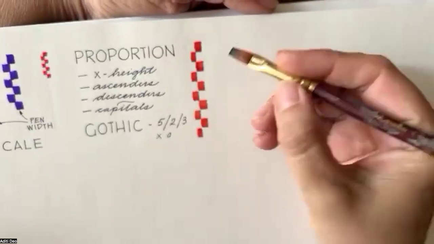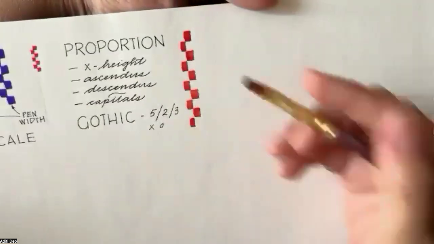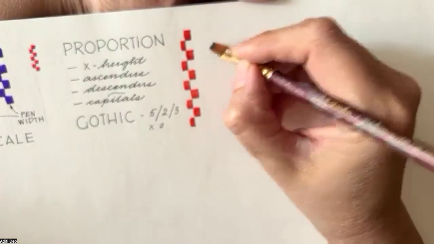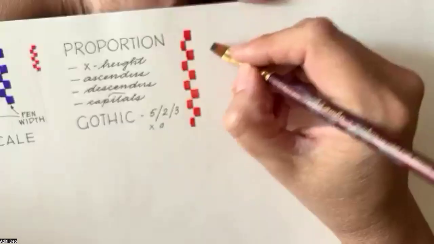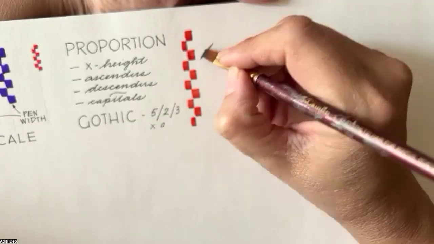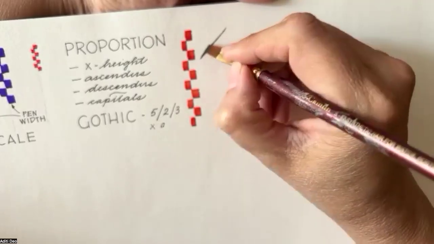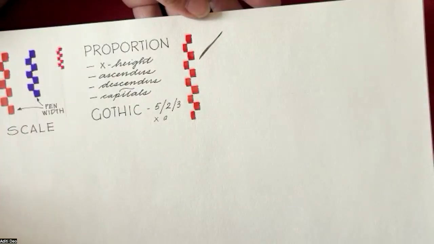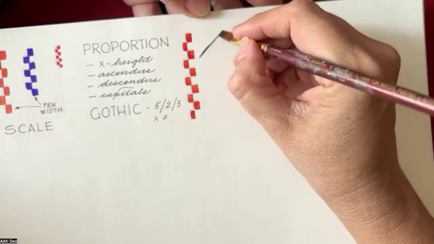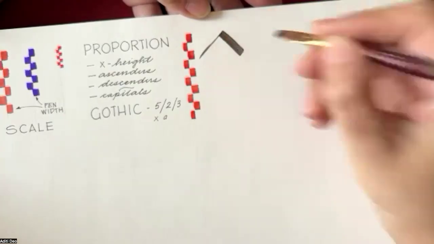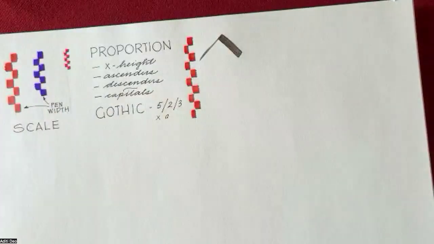Now that you've made the scale, you have to maintain the same tool. So this is the angle. Once you write at 45 degrees, you'll get the thinnest line at 45 degrees and you'll get the fattest line opposite of that. And we have to maintain this angle throughout.